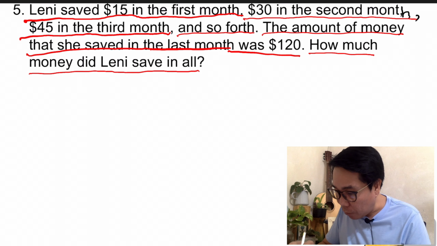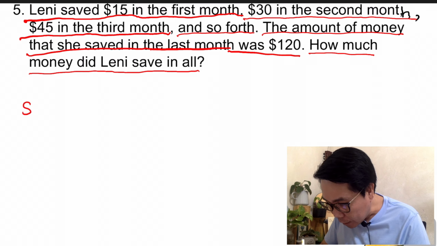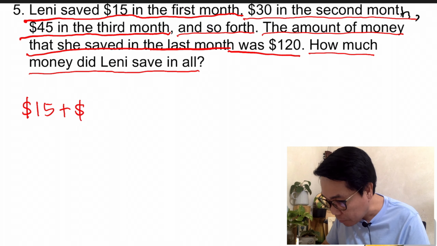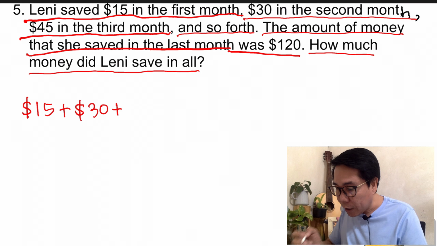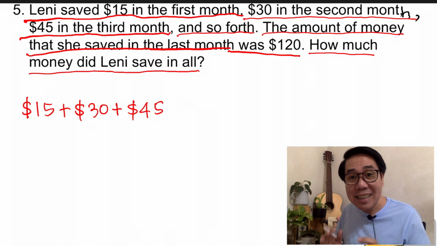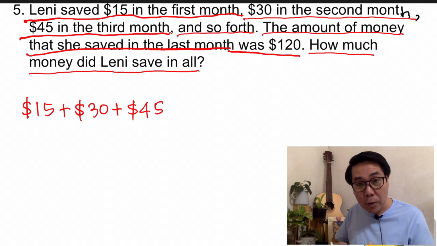First month, she saved $15. For the second month, she saved $30. Next, for the third month, she saved $45. If you can see, it is adding by 15, or increasing by 15 every time.